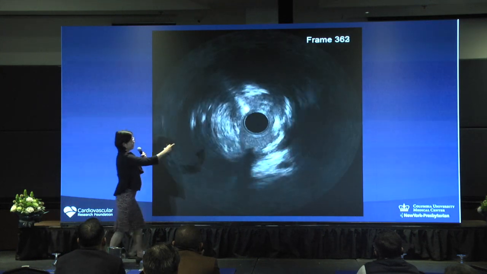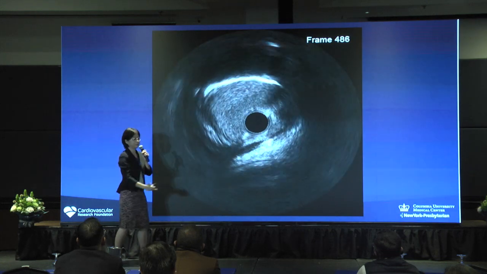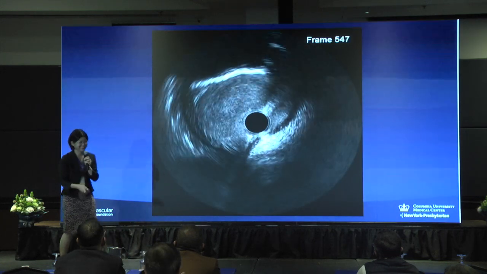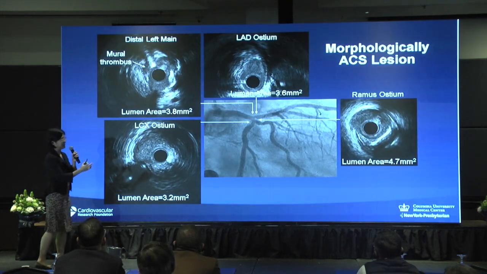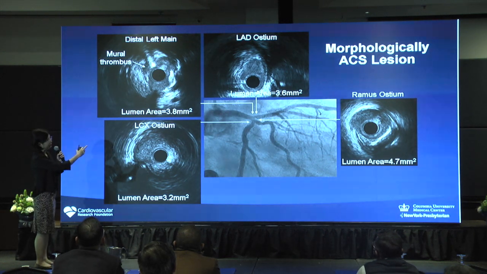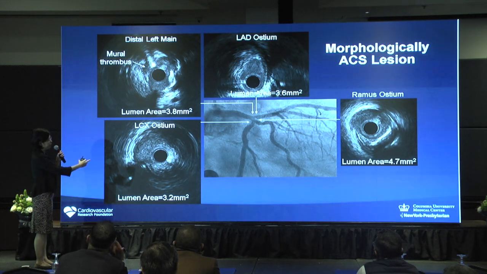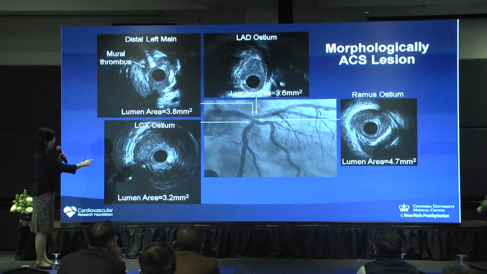And here, I see the organized thrombus on the top. And then deep side, I see the plaque rupture, which is a little bit difficult. But altogether, in this case, really, left main was stenotic, only 3.8. And also the LAD had a lot of lipidic plaque. And circumflex ostium was also stenotic.